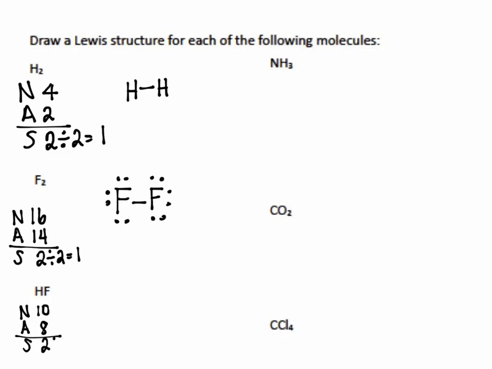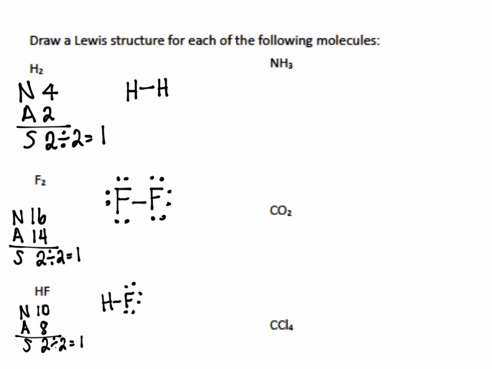So that means we are sharing 2 electrons, which means there has to be 1 bond. So then you draw H and F. There's my 1 bond. And then you fill out fluorine to be happy. And there's my 8 electrons.